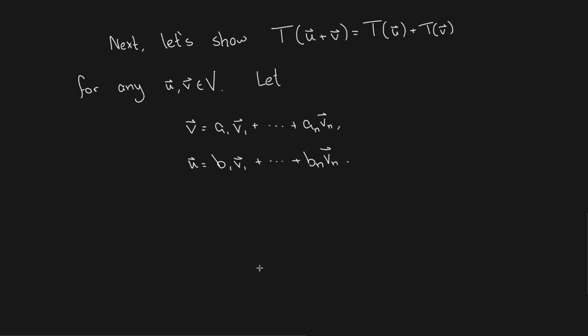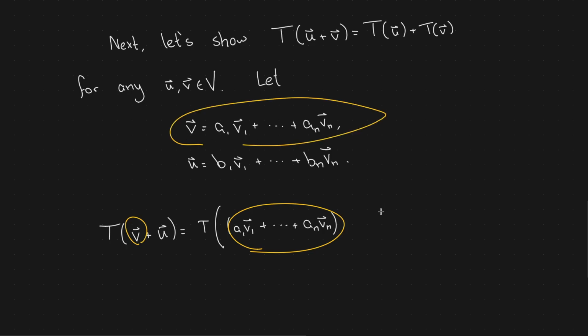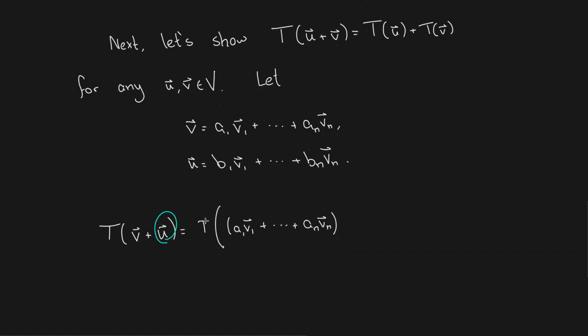Okay, and we just do like we did last time, plug in. Transformation of v plus u is equal to the transformation of, well, v is a1 v1 plus dot dot dot plus an vn. Just replacing v with its linear combination. And similarly, we're going to replace u with its linear combination.